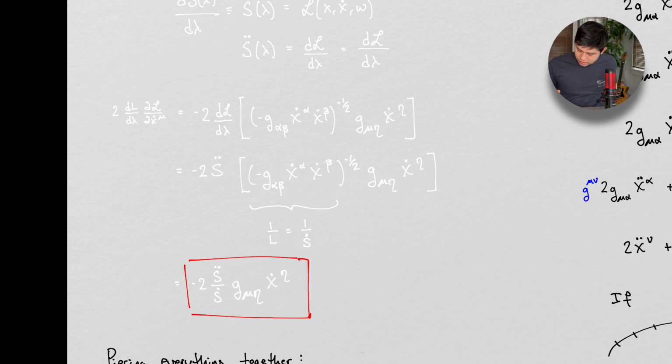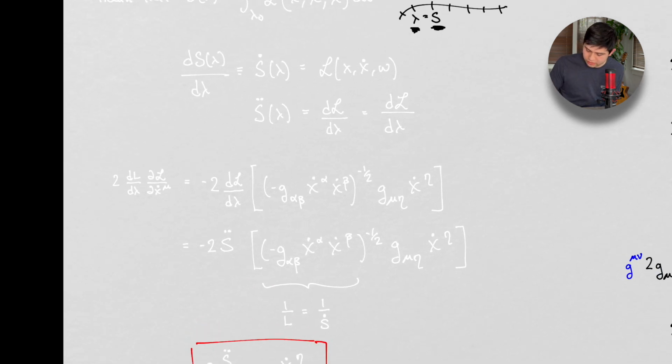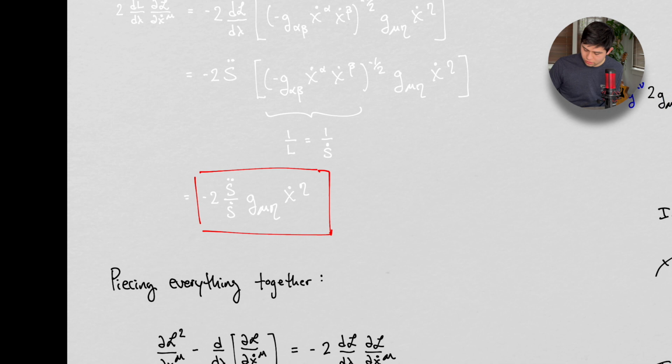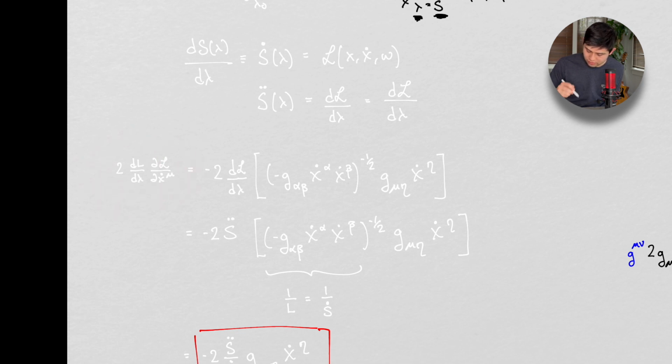Because this is this negative 1/2 here. And L we said was the first derivative of our action right here.